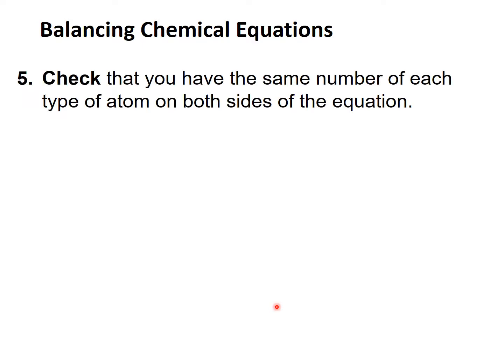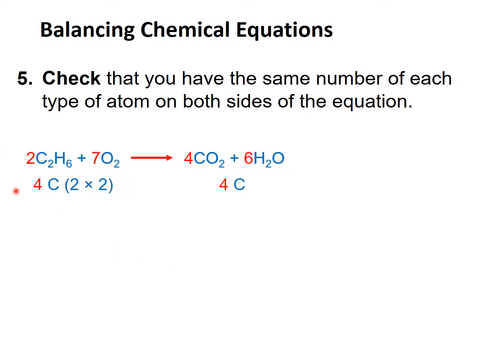Now the last step is to check that both the number and type of the atoms on both sides of the reaction are the same. So looking at our balanced chemical reaction, on the left-hand side we have 2 times 2 equals 4 carbons, and we have 4 carbons on the right-hand side.